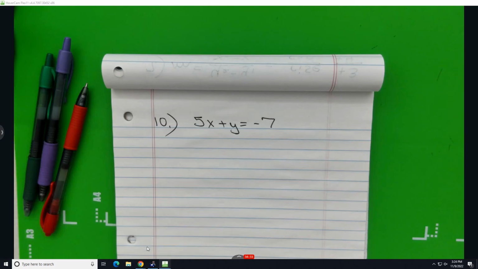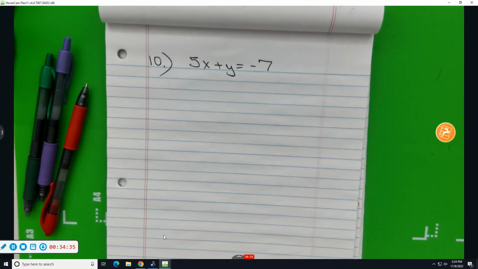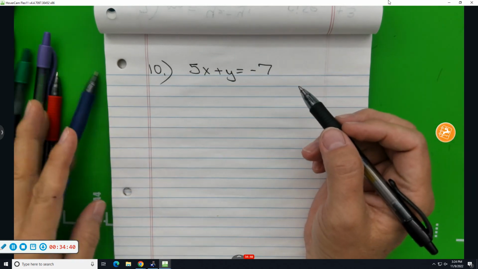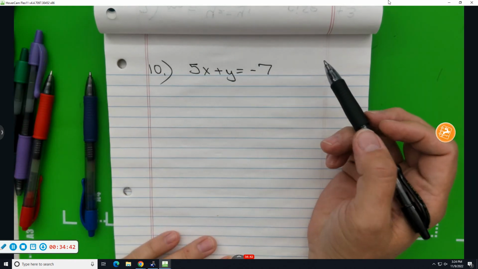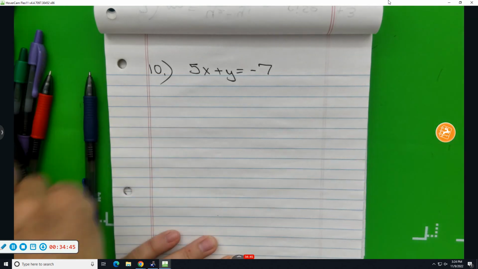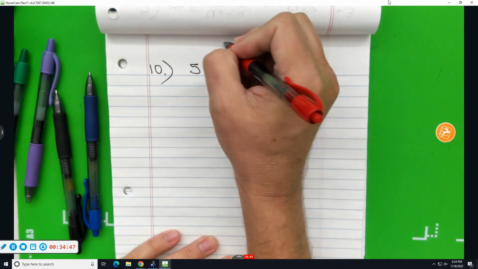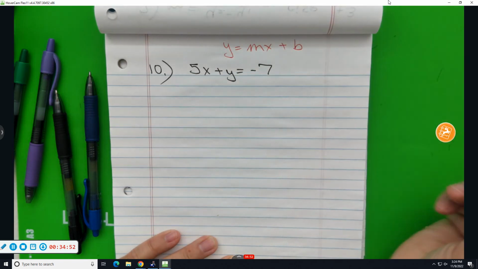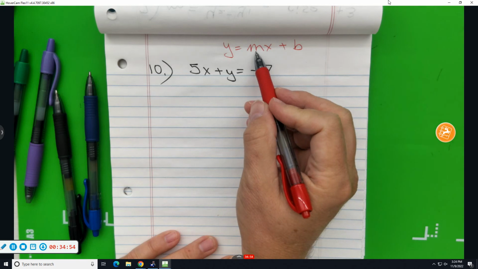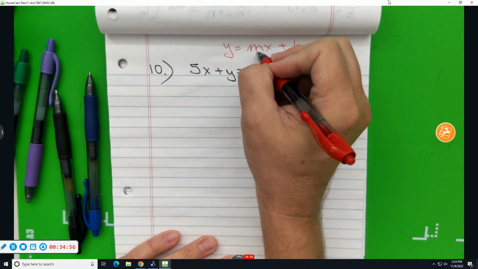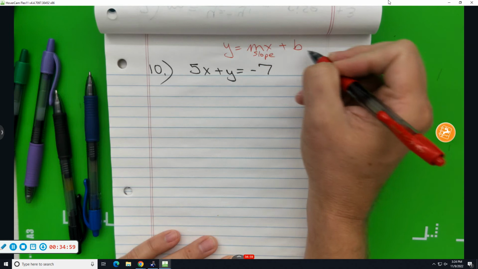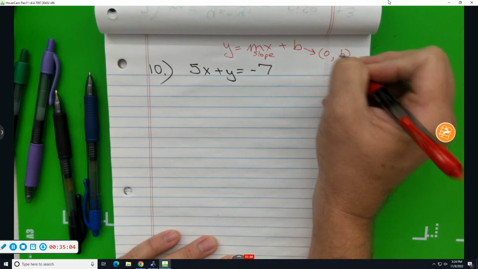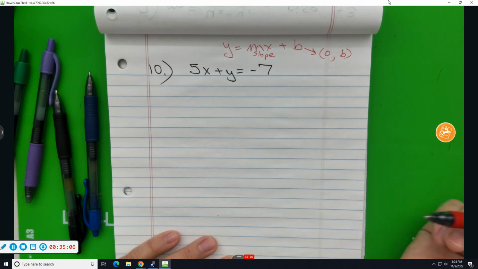So they want the slope of the line, and they want the ordered pair where the line passes through the y-axis. Well, to find the slope and the y-intercept, you should get it in slope-intercept form. Remember, if you solve an equation for y, that number in front of x is the slope, and the y-intercept is the ordered pair 0, and the y-coordinate is whatever that b value is.